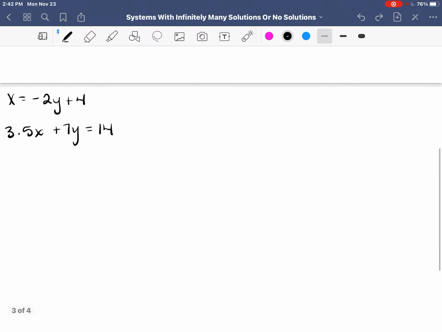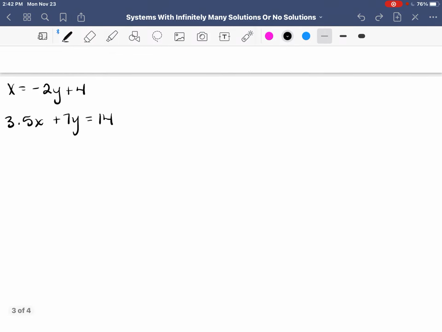So on to our last one. Same procedure. You can see if you can get done before I can. You probably will, though, because I'm teaching. So we take 3.5. Remember, because x is isolated, we're going to substitute negative 2y plus 4. Okay? So 3.5 times negative 2y plus 4, plus 7y is equal to 14.